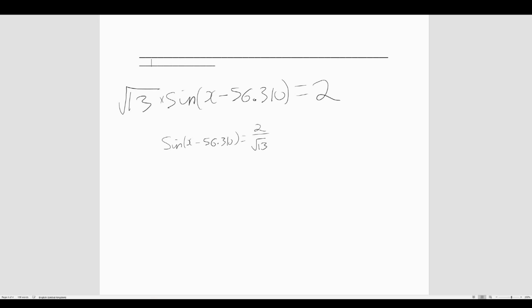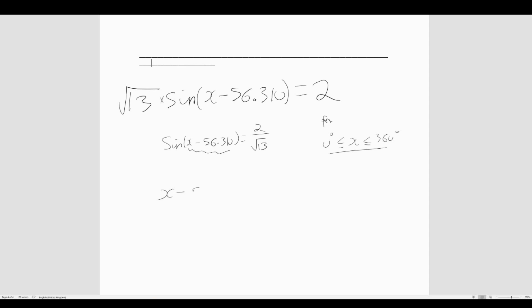I didn't specify the range in the question, but let's imagine that x is between 0 and 360. So first of all, I'm going to get the argument of the function on its own by doing inverse sine of both sides.